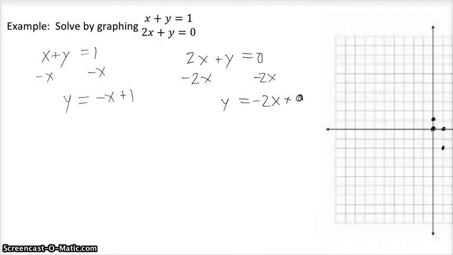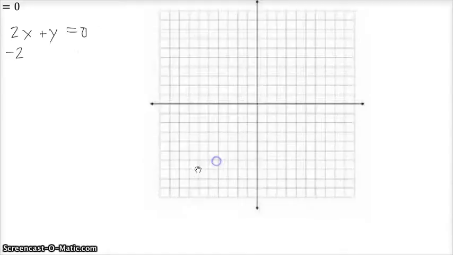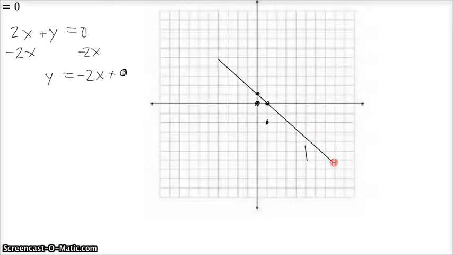So what I have is a line that looks like this, and a line that looks like this. Now it's not to scale, and it'll probably look a little bit different on your paper.